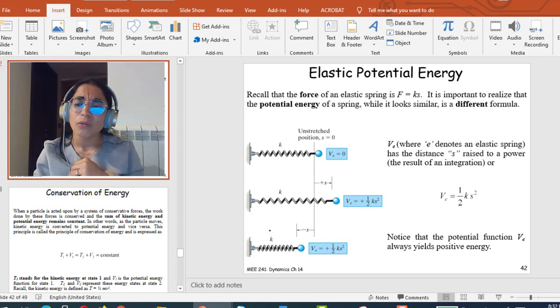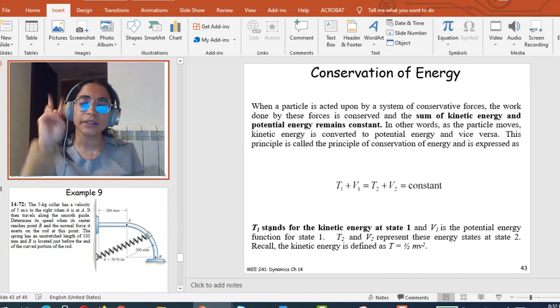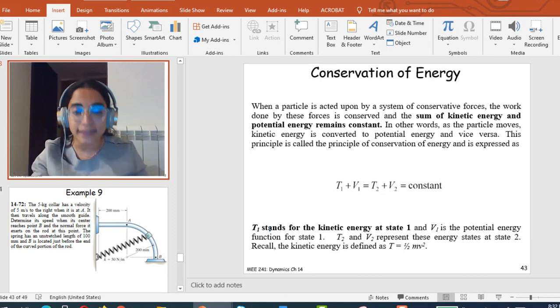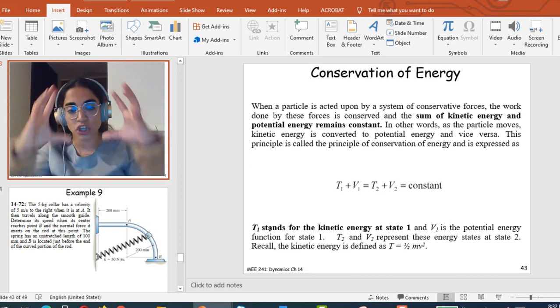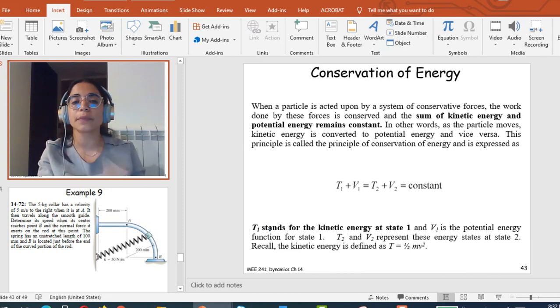So now, why should I define this potential energy, and how can I translate it to the conservation of mechanical energy? In fact, between two positions, if I have only conservative forces, then T1 plus V1, which is the mechanical energy at position 1, should always be conserved, which means it should be equal to T2 plus V2. What is T?